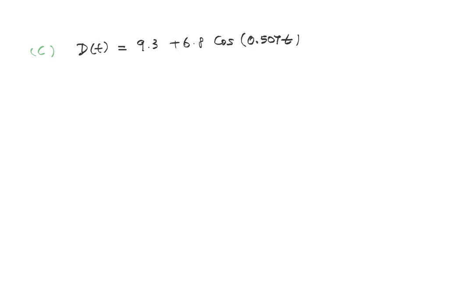Oh, okay, from there you want to ask the range of time when the tide is rising and falling. I don't want the same as B. I want to use a different concept. If it is periods of time when the tide is rising and falling, you just draw the sign diagram of D prime T, right? So it's almost the same concept.